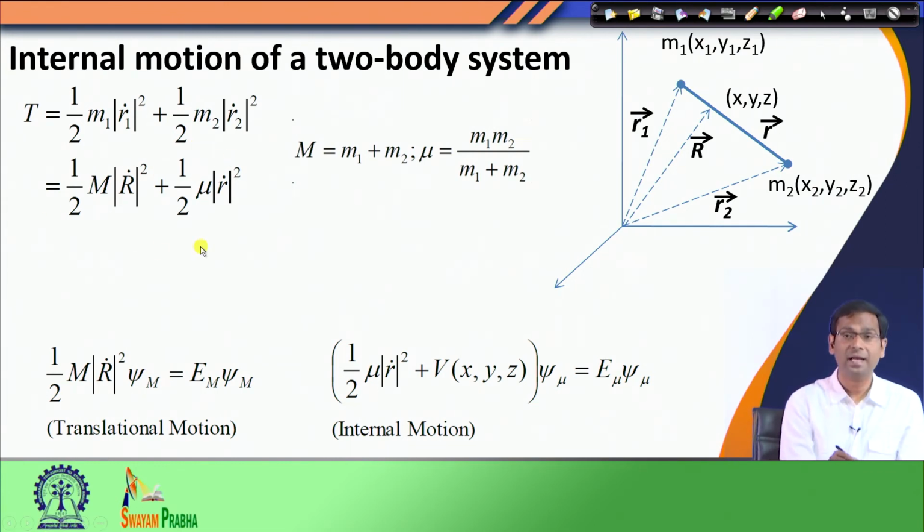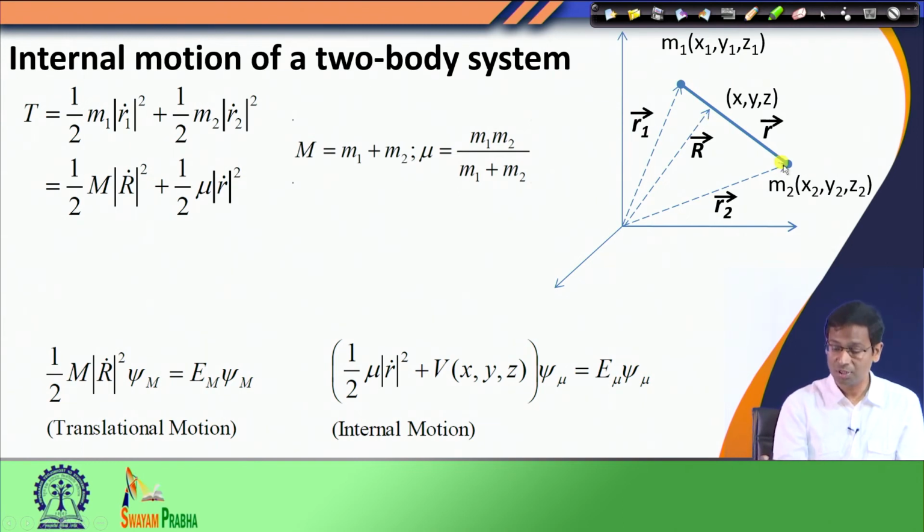The advantage of the second approach is that in the first line, the movement of the system is defined by two vectors, which are r1 and r2, but on the second line I have expressed this kinetic energy operator in terms of two variables, which actually can be separated. How? Because the first term represents an overall translational motion of the center of mass, whereas the second term talks about the internal motion of this two body system.